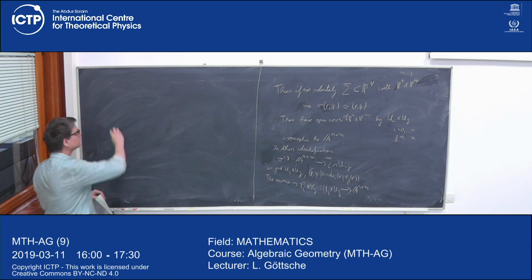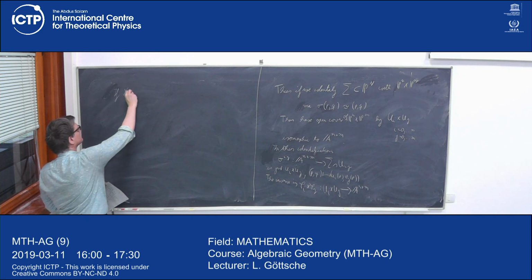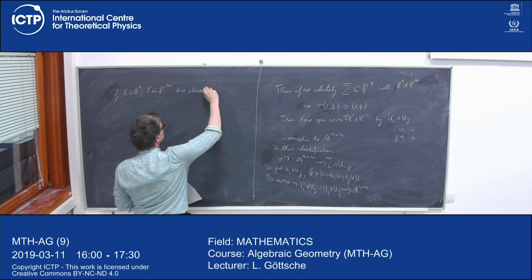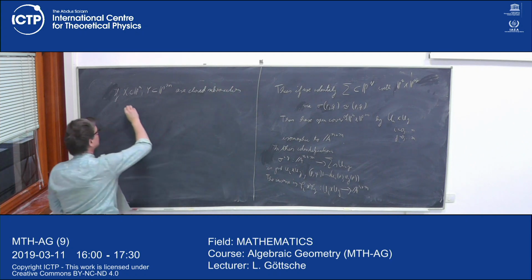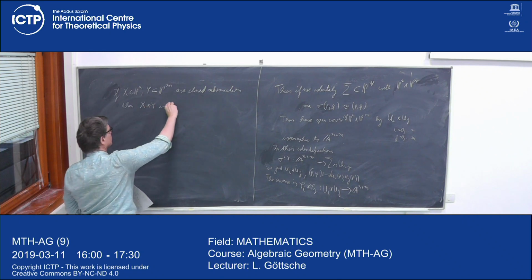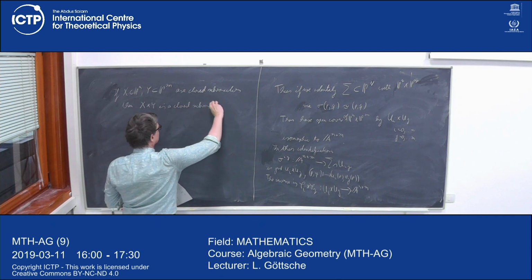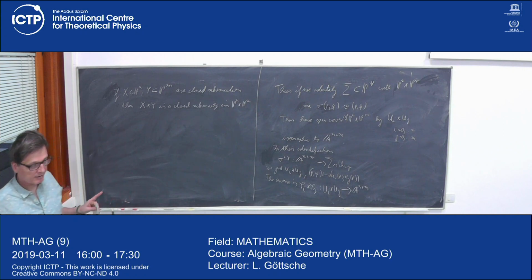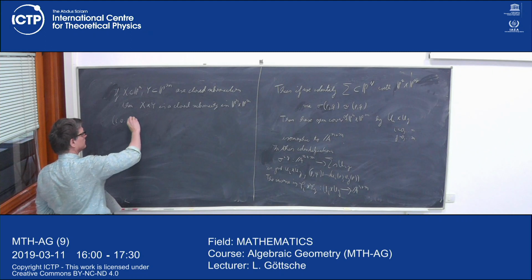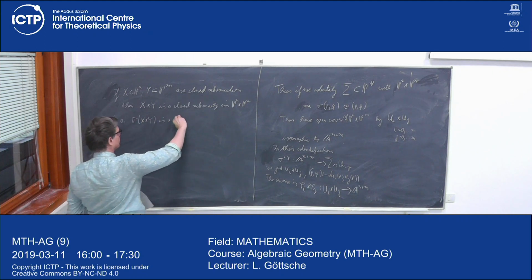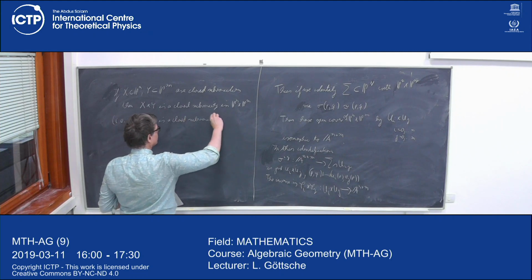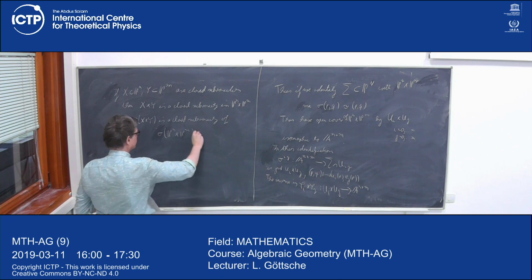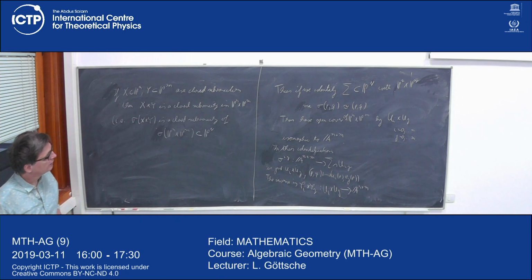Okay. So if x in Pn and y in Pm are closed subvarieties, then x times y is a closed subvariety in Pn times Pm, which with our identification means sigma of x times y is a closed subvariety of sigma, well maybe I write sigma of Pn times Pm, which itself is a closed subvariety of Pn.